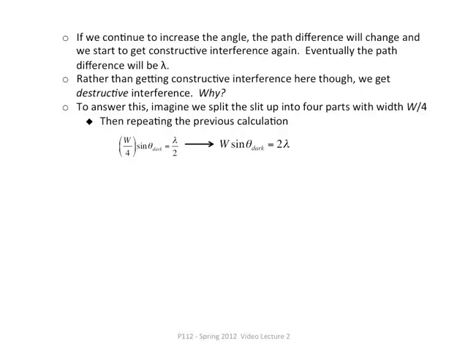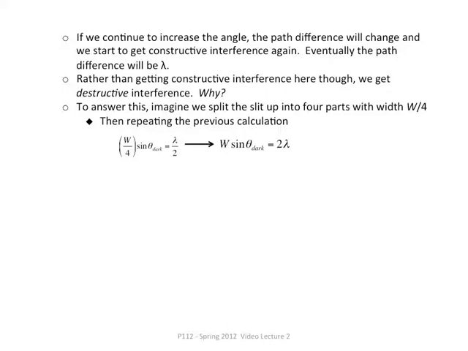So we see that rather than having constructive interference at that location, we get destructive interference from these imaginary sets of 4 slits. Remember, originally we started off with an imaginary set of 2 slits. For every wave coming through the top slit, there was another identical wave coming through the bottom slit, and we compared those.